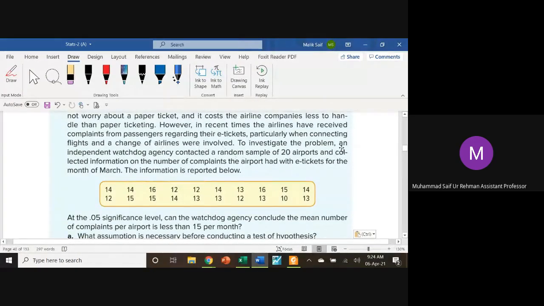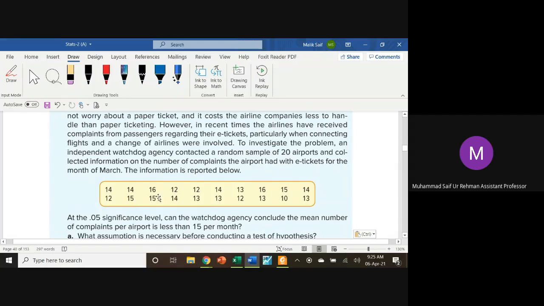To investigate the problem, an independent watchdog agency contacted a random sample of 20 airports and collected information on the number of complaints the airport had with e-tickets for the month of March. The information is reported below.